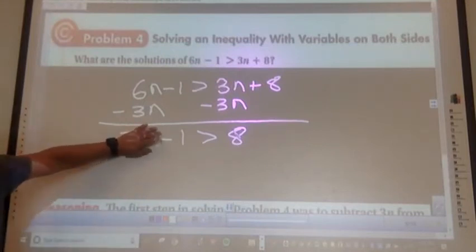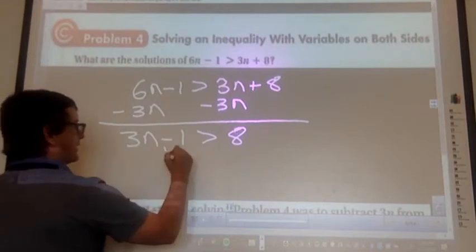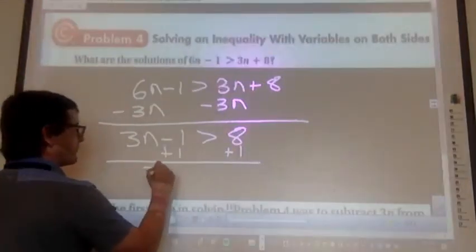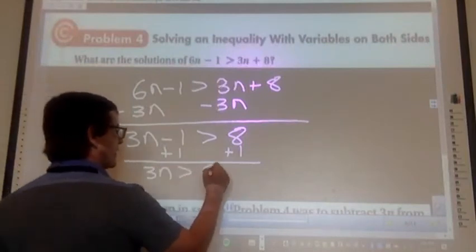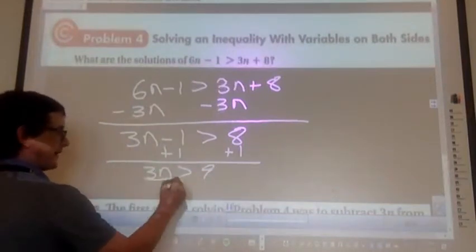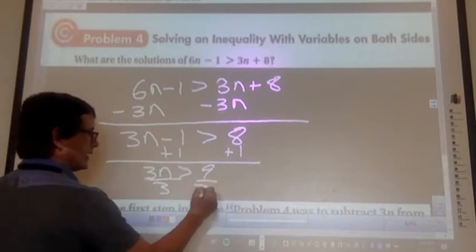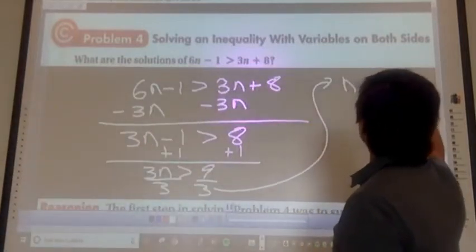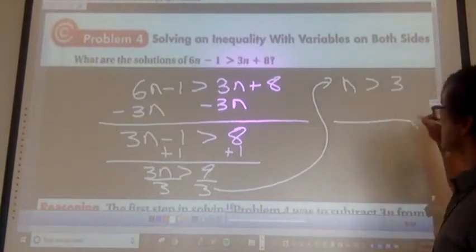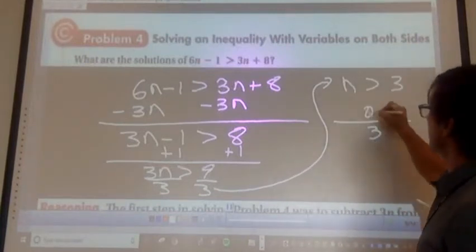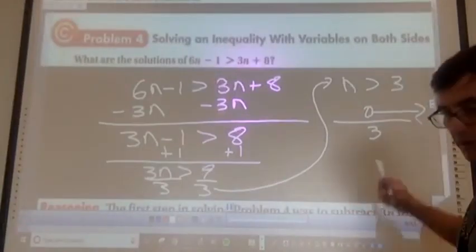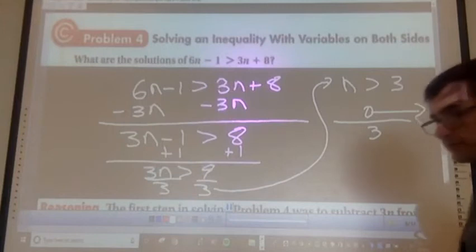Cover up the variable, get rid of the -1 by adding it to both sides. So we have 3n is greater than 9. And then last step, divide by 3. We get n is greater than 3. Just a reminder on the graphing, open dot, arrow to the right. You don't have to graph this, but just so you can see it.